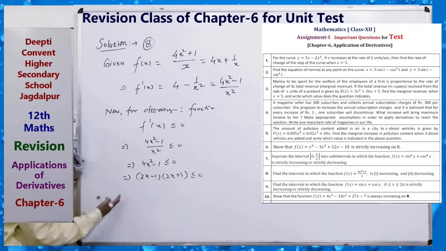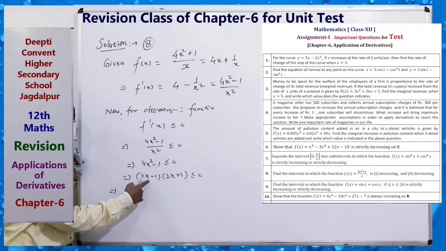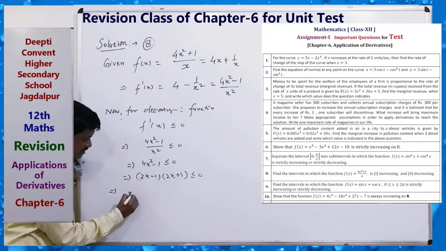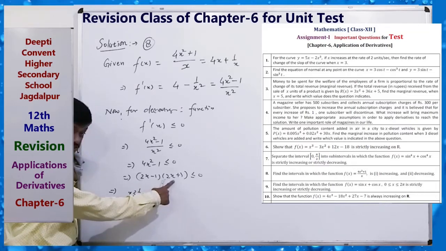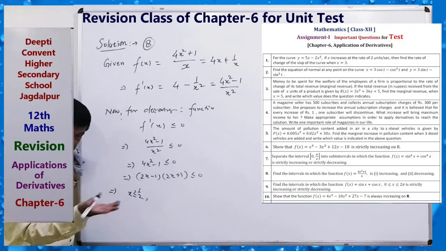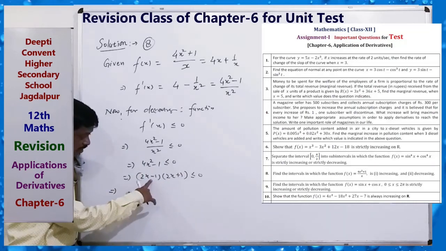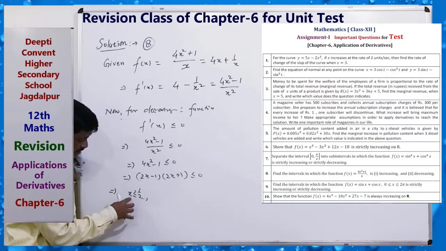So we can solve it. This is negative means less than or equal to 0, so x is less than or equal to half.